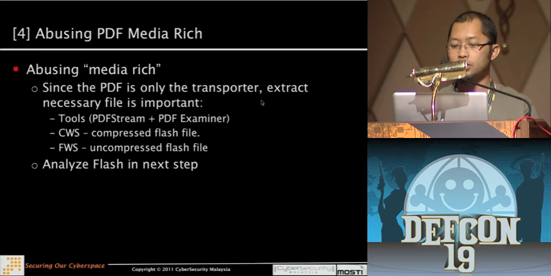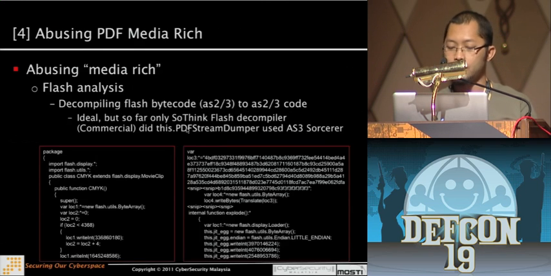Okay, so tools you can normally use are PDF Stream Dumper plus PDF Examiner for this one. And then of course you can do a Flash analysis later on to trace what really happened when you open the PDF. As we know, the PDF has an engine for Flash, right?